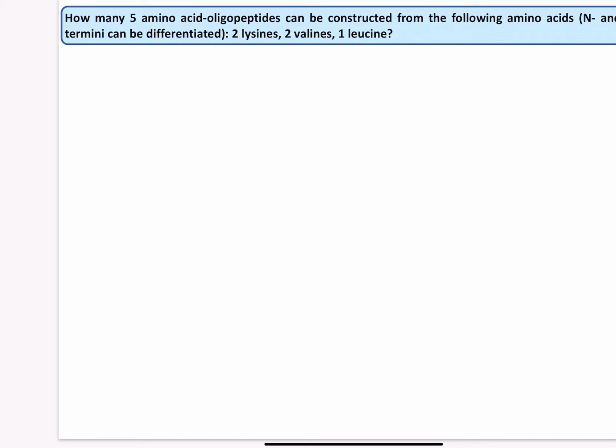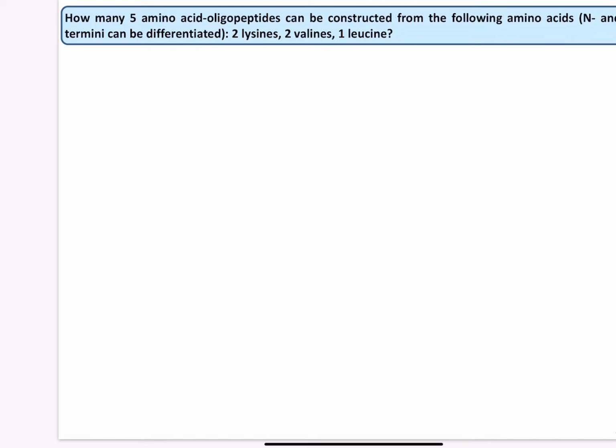It is mentioned here: how many 5 amino acid oligopeptides can be structured from the following amino acids, where the N and C termini can be differentiated.